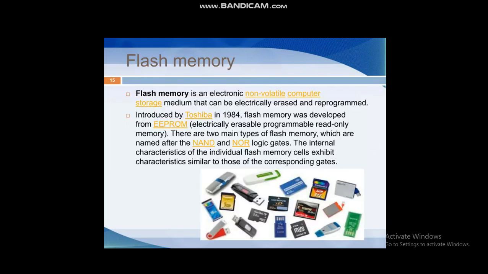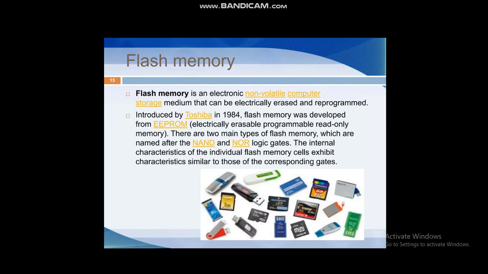Flash memory. Flash memory is an electronic non-volatile computer storage medium that can be electrically erased and reprogrammed. Introduced by Toshiba in 1984, flash memory was developed from EEPROM, electrically erasable programmable read-only memory.